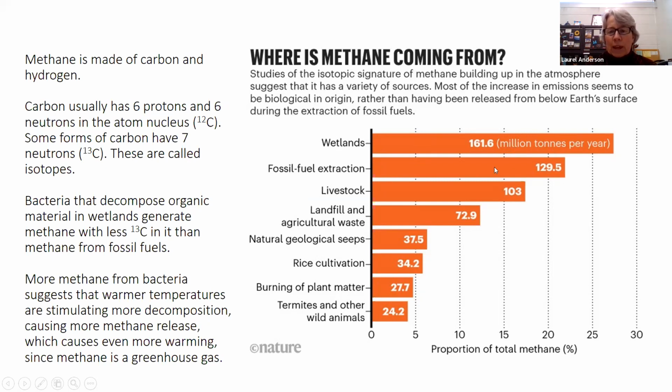And we also get some from fossil fuels in the earth. We've actually been able to track a lot of leakage of methane from our natural gas pipes. So that's another major source. But what's concerning about this increase in methane from wetlands is that as wetlands get warm, the bacteria get active and start releasing quite a bit of methane into the air.